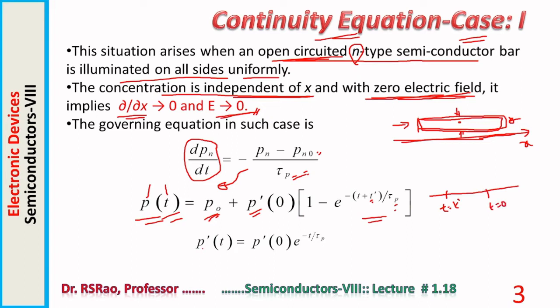Now, P'(t) means the hole concentration due to illumination at t, which is P'(0) e^(-t/τp). P'(0) means the hole concentration due to illumination at t equal to 0, multiplied by e^(-t/τp).